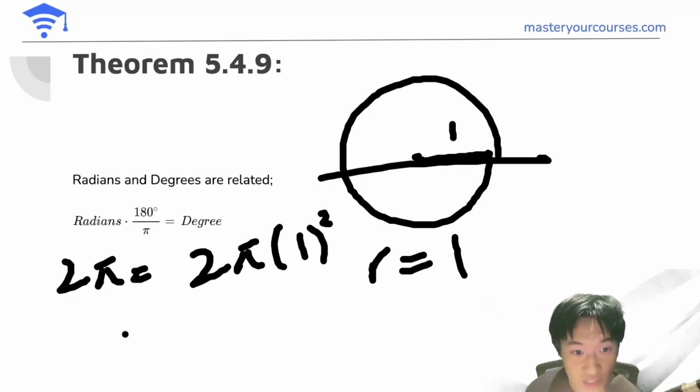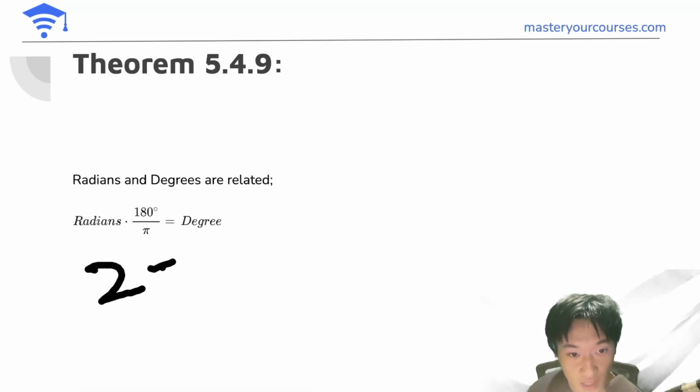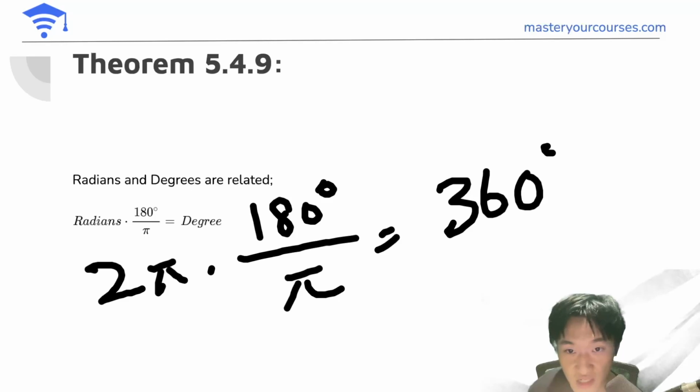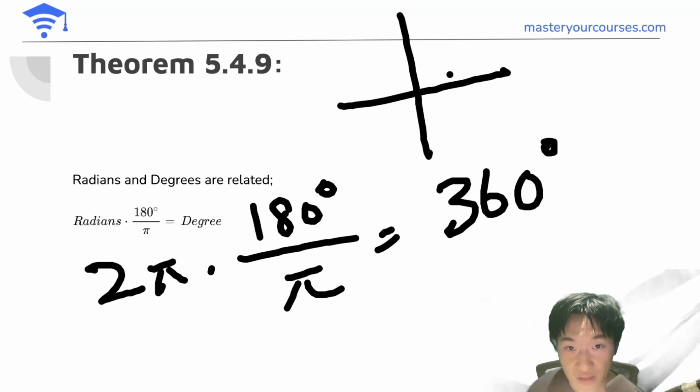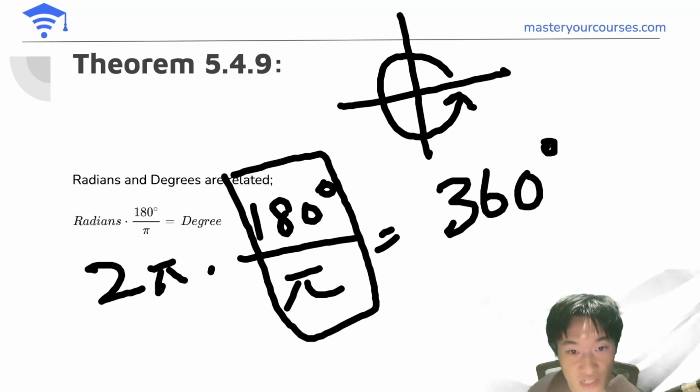The radian is equal to the arc length divided by the radius, so that's just 2 pi. So what's 2 pi times 180 degrees over pi? It's 360 degrees, and 360 degrees was the entire angle fully rotated once. So that's how radians and degrees are connected, by this ratio right here, 180 degrees over pi.